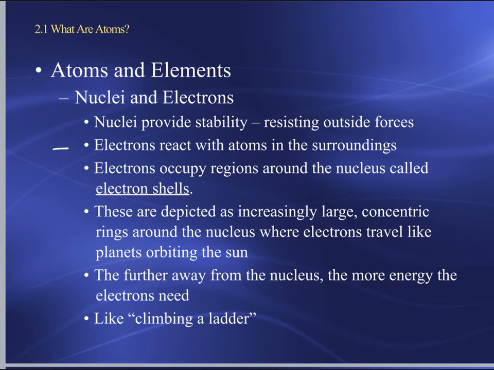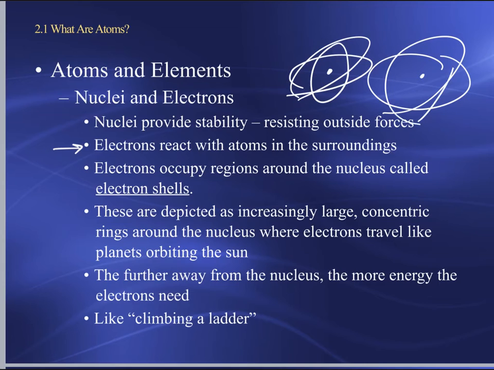It's an important point here. Think about it: if I've got an atom here with a nucleus in the middle and the electrons going around the outside, when these things go to react, here comes atom number 2, what's actually going to hit the other atoms? Electrons. Let me change the color so that stands out.